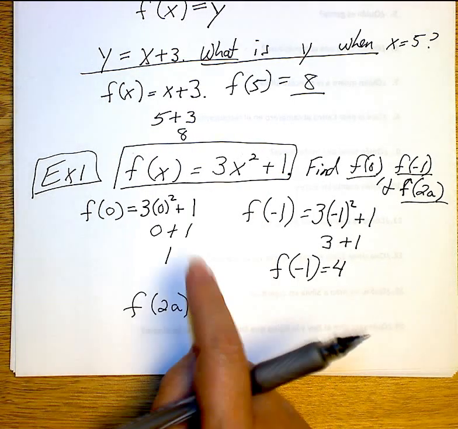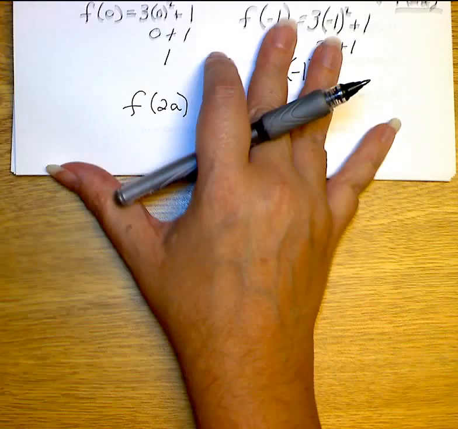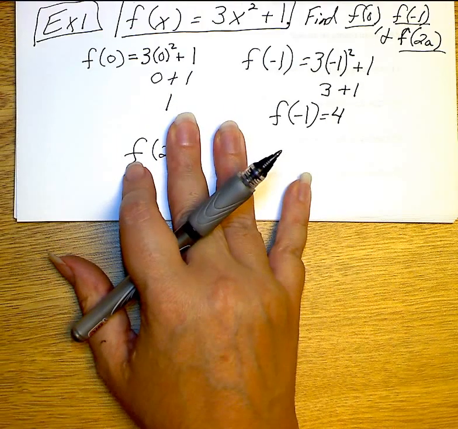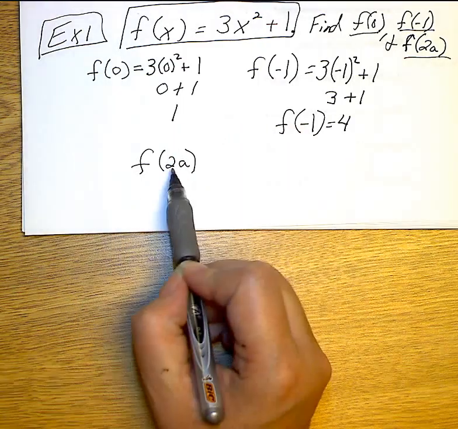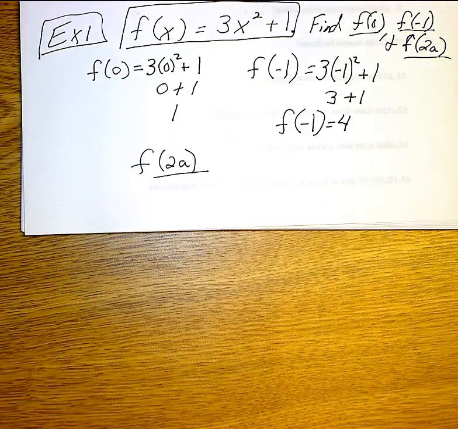So this part is where the problem starts. Now it says plug in your 2a. So where are we putting in 2a? For the x, that's right. So we are going to plug in that 2a for our x.